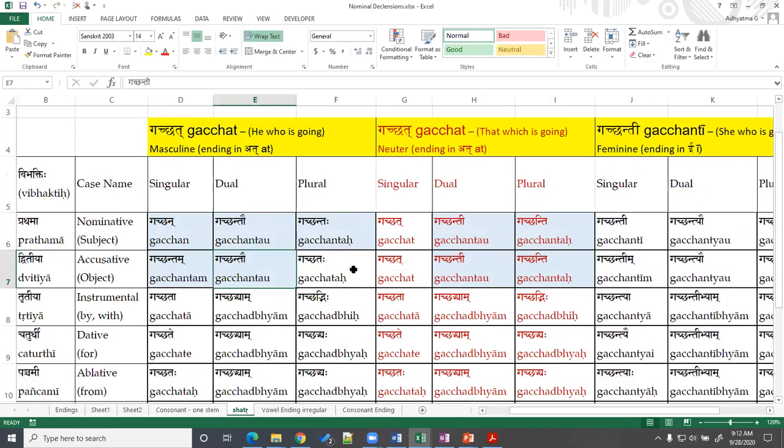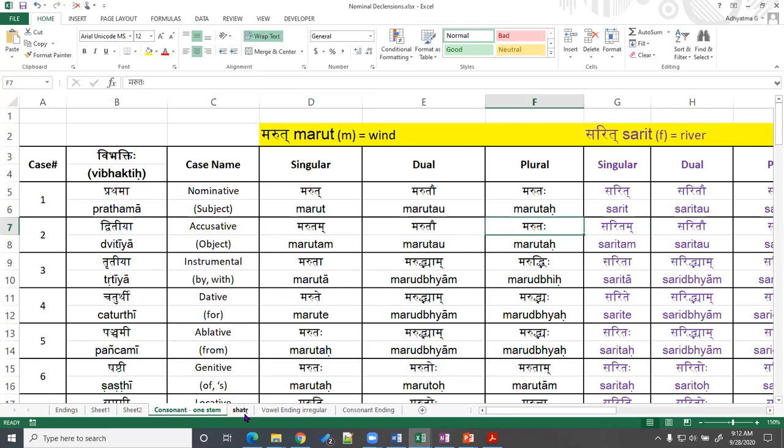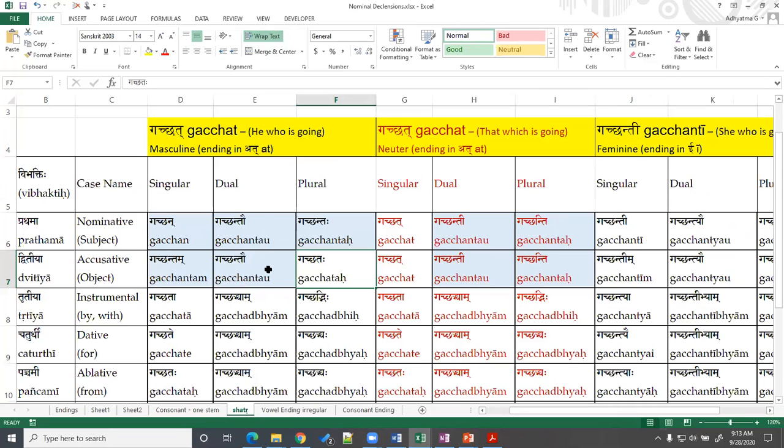Gachantam, gachantau, gachataha. So the second case plural is okay. It is exactly the same as jagat, marut. But the first 5 are different. So sometimes it is called a two-stem declension.